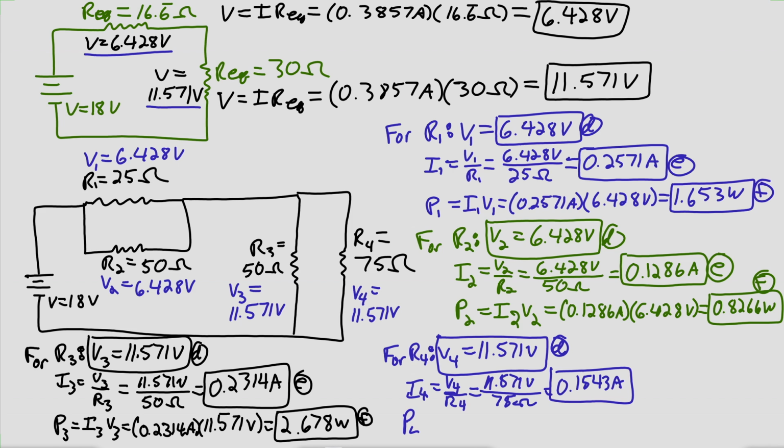And finally, P4 is going to be I4 times V4. So 0.1543 amps. I gotta clean that up. 0.1543 amps times V4, which is 11.571 volts.